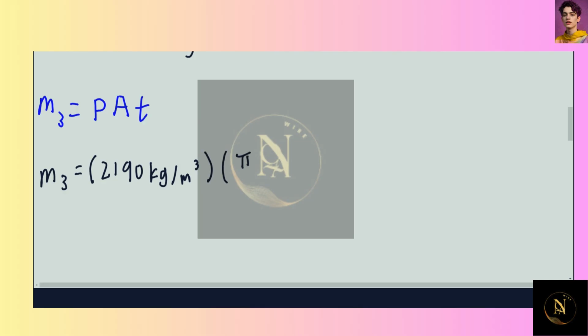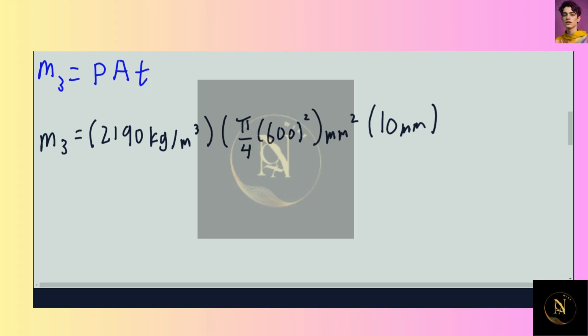We can plug in pi over 4 times 600 squared millimeters squared for the area. And then we can plug in 10 millimeters for the thickness. And so this will give us a mass of 6.192 kilograms.